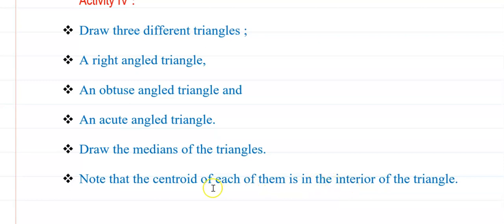In the case of the altitudes, for the right angle triangle the orthocenter was on the hypotenuse. For the obtuse angle triangle, the orthocenter was in the exterior of the triangle, and for the acute angle triangle, the orthocenter was in the interior of the triangle.